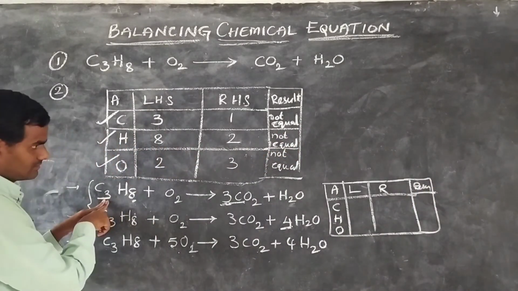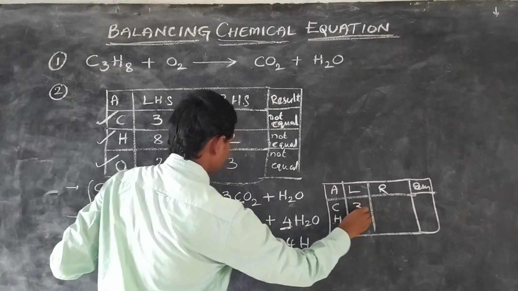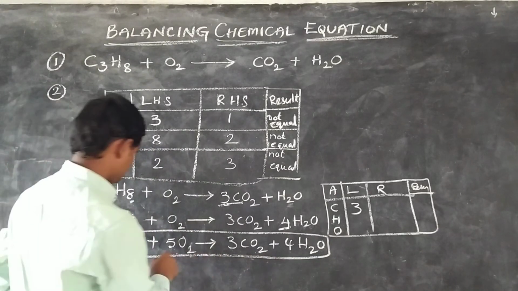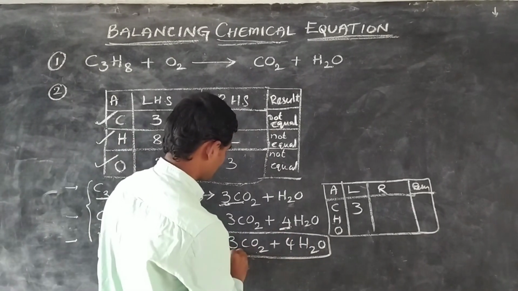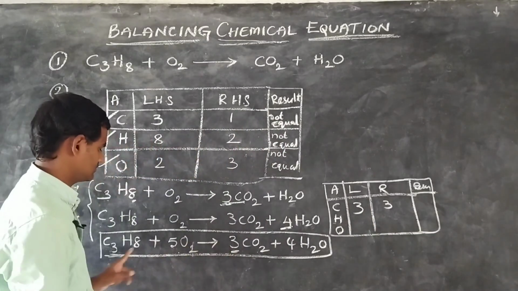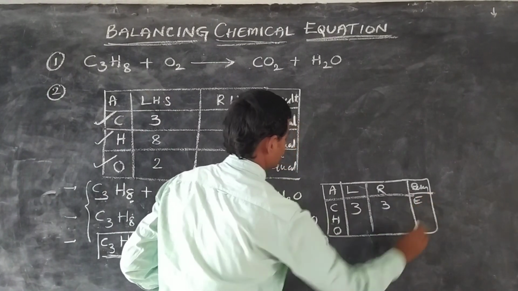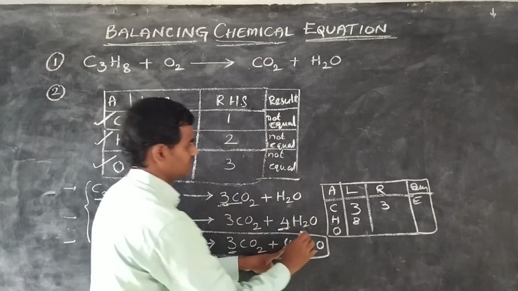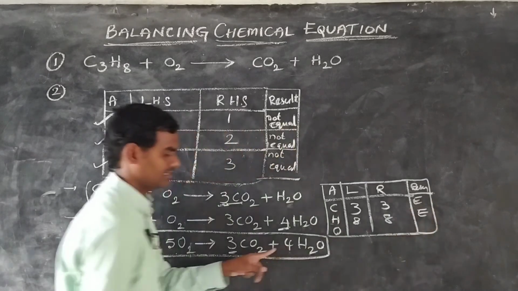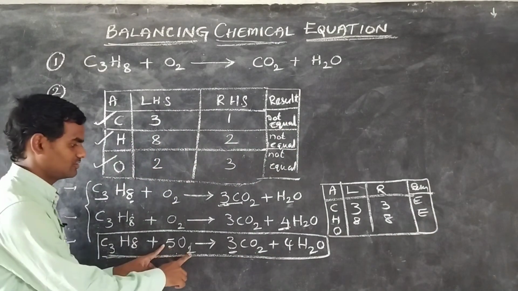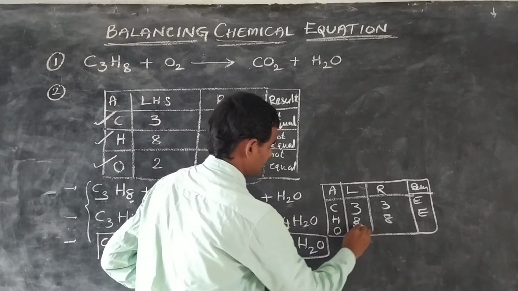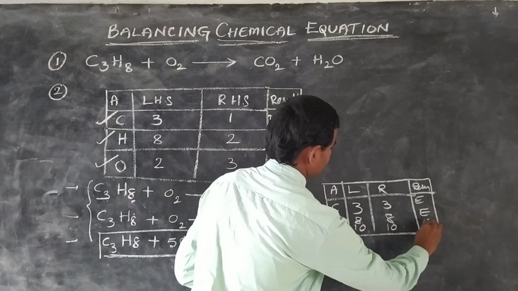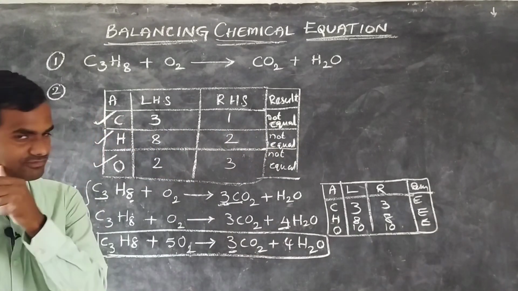The number of carbon atoms on the left hand side is 3 based on this equation, and the number of carbon atoms on the right hand side is also 3. So the result is equal. Next, hydrogens: on the left hand side 8, on the right hand side also 8, the result is equal. And coming to oxygen, 5 into 2, 10 oxygens on the left hand side; 3 2s are 6 plus 4, total 10 oxygens on the right hand side, so the equation will be equal.